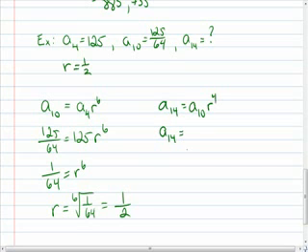We don't know the 14th. We know that the 10th is 125/64. We know that R is 1/2. That is an equation with one unknown that's already solved for A14.